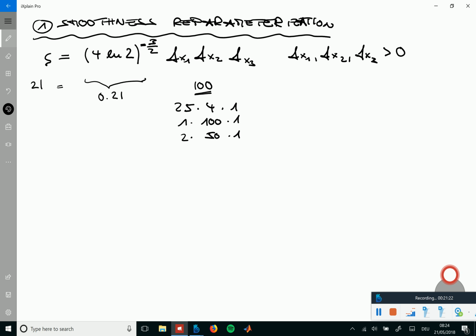Now the question is, of course, where does this come from? What is this whole thing about? That's actually not that easy to explain.